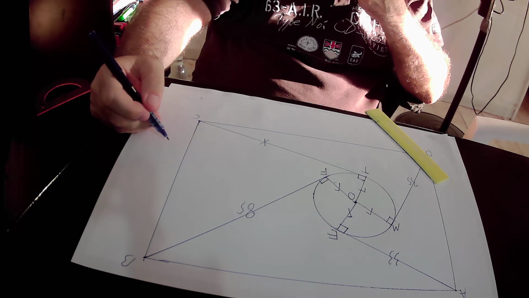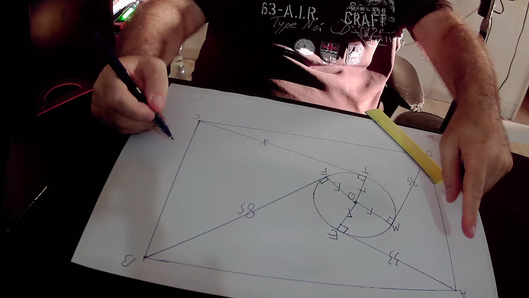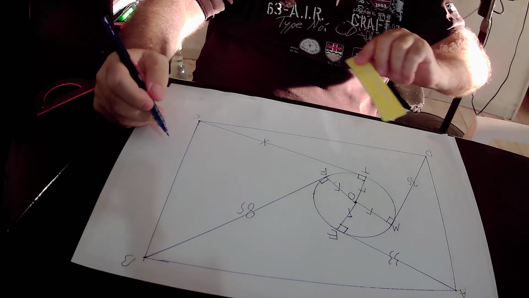In the next step, we join points A and O together by a straight line.